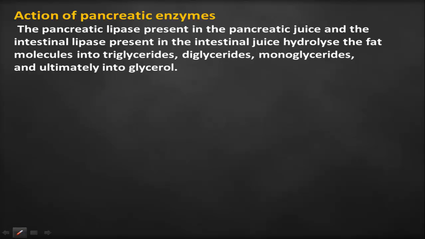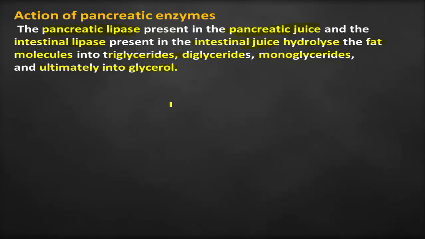Action of pancreatic enzyme. Pancreatic juice also contains the lipid digesting enzyme called pancreatic lipase. Along with intestinal lipase present in the intestinal juice, both of them hydrolyze the emulsified fat molecules into triglycerides, diglycerides and monoglycerides, and ultimately they are converted into glycerol.